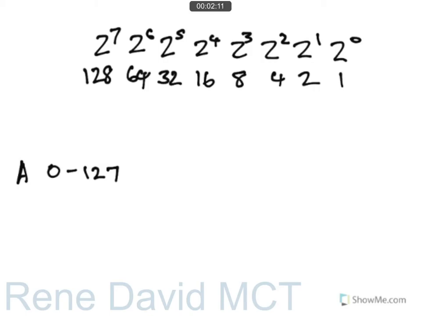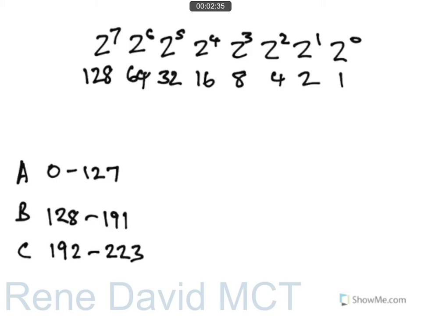Now when you're looking at an IP address and you want to determine what class of IP address it is, you look at the first octet. If the number is between 0 and 127, it is a class A address. Similarly, class B will be from 128 to 191, and class C is from 192 to 223.